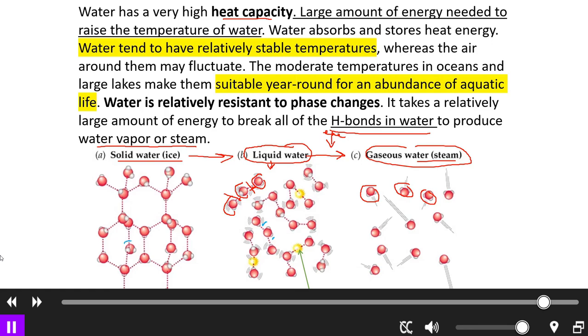All water molecules here have an attachment to at least one other water molecule, compared to liquid water, where only a few water molecules are attached to each other. So this is the importance of the hydrogen bonds between water molecules, and how it's important for the suitable year-round abundance of aquatic life.